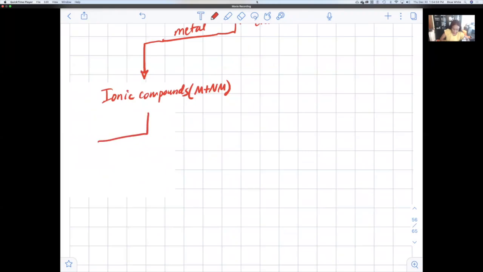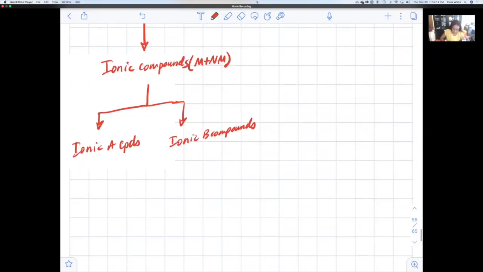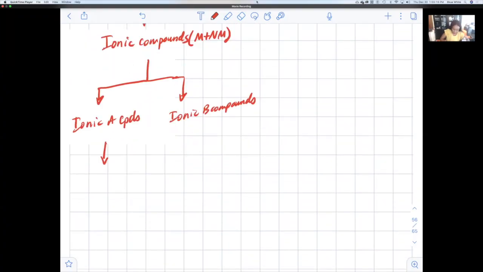Okay, the ionic compounds, we have two types, ionic A compounds and ionic B compounds. Ionic A compounds, example here is KCl. The template for nomenclature is you will have an element name and then an anion name.